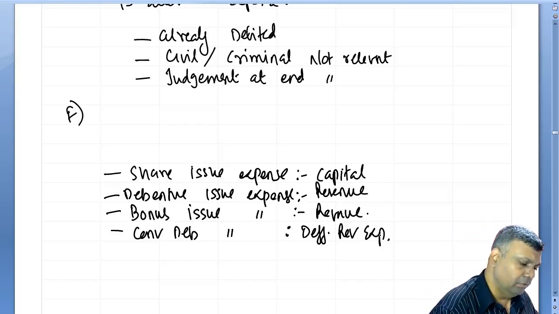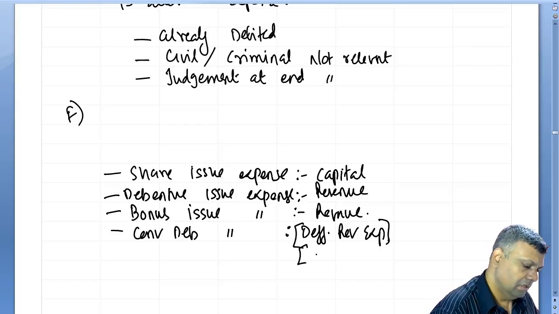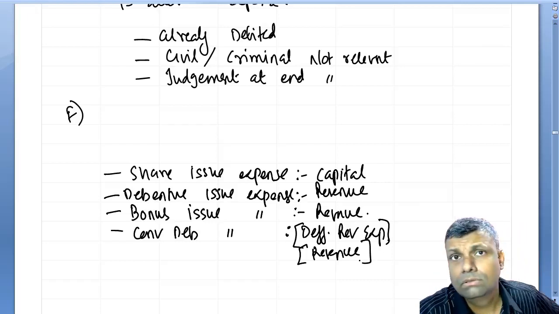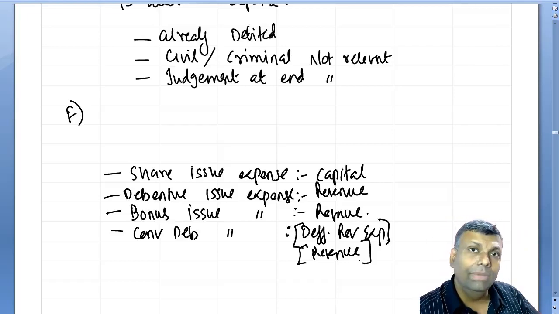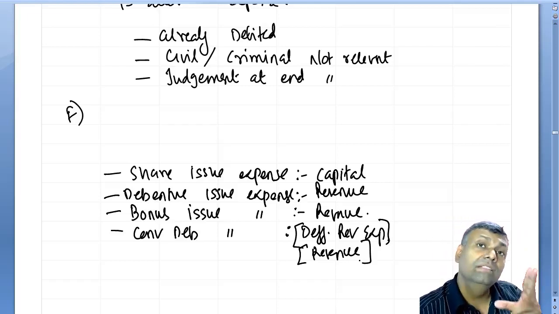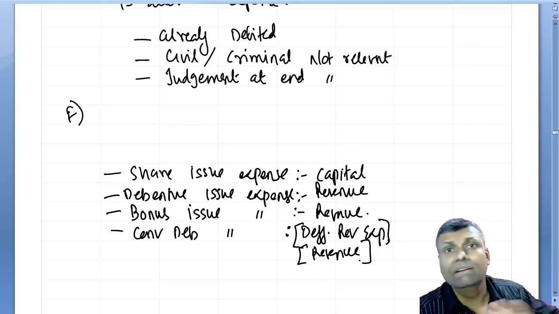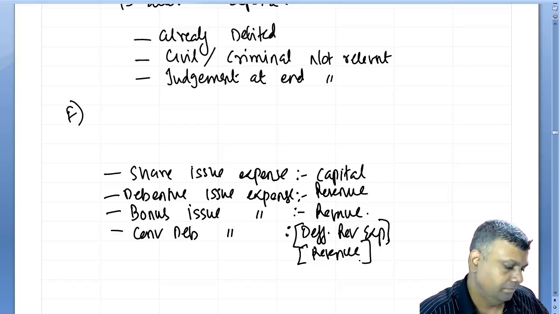So here different views exist for convertible debentures. Some people also take the view that today it is a debenture issue. Then in the year of conversion, when we will have that expenditure, that time we will say it is capital. So different views can be taken depending on the situation.